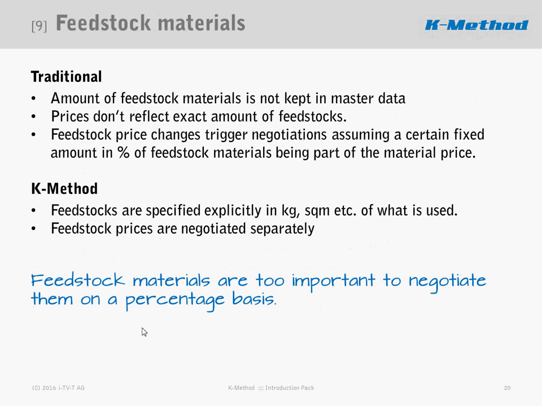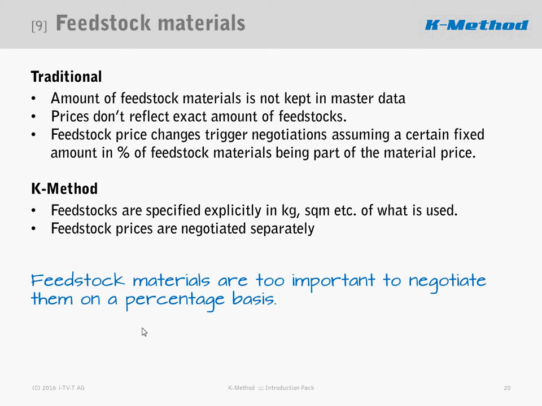Feedstock materials is a big issue when it comes to packaging materials. The feedstock materials are explicitly part of the price formula, and they are explicitly in grams and in liters and in kilograms, and not in percentage.